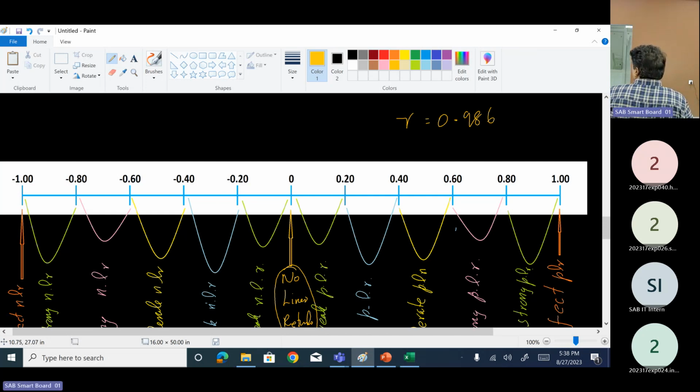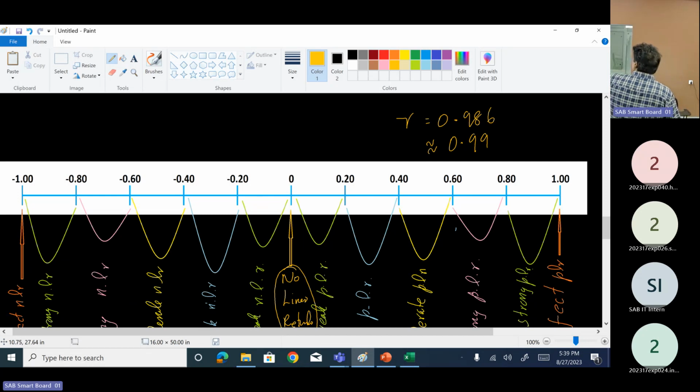The scale is developed up to 2 decimal places, but we have calculated up to 3, so we approximate this to 2 decimal places: 0.99. Now you have to see in what region this value falls. So this 0.99, not 1, is here. So what is the relation? Very strong positive linear. Very simple, right? If you know the scale.